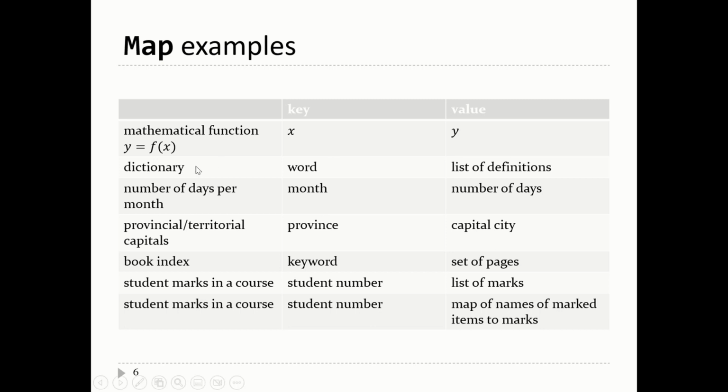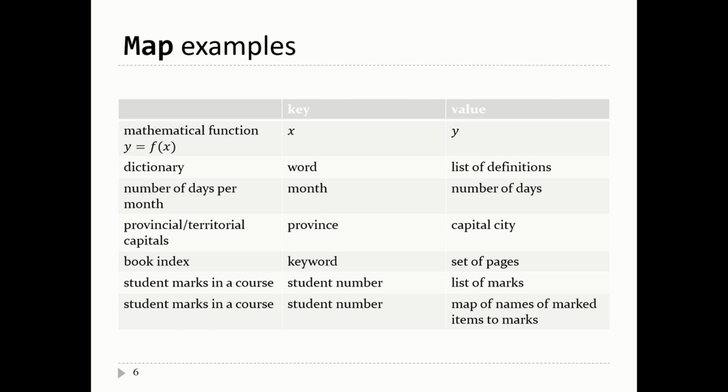If you had a dictionary, like an English language dictionary, your keys would be the words in the dictionary, and your values would be the list of definitions for each word. If you wanted to map the number of days per month, your keys would be the months, and your values would be the number of days, and so on and so forth.